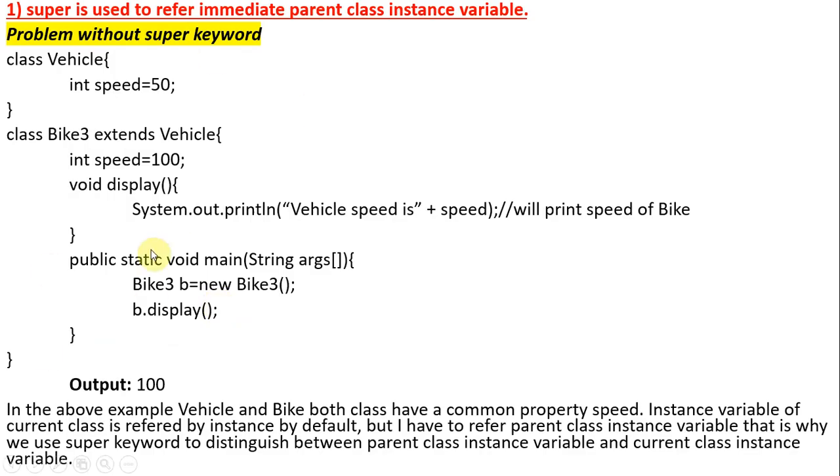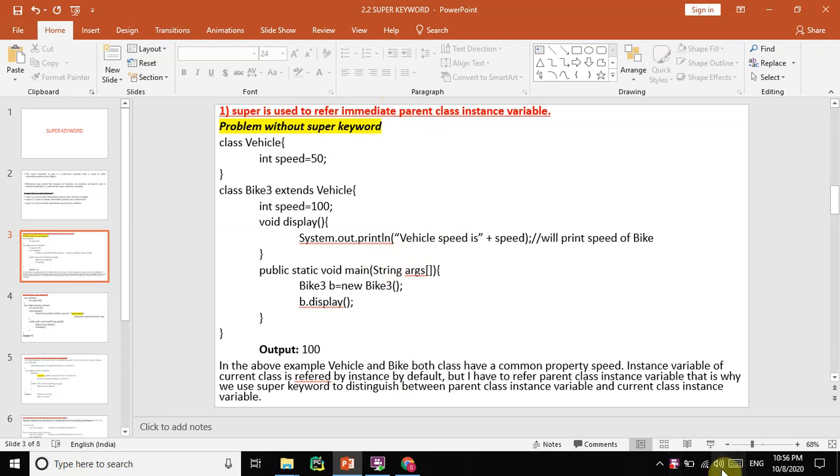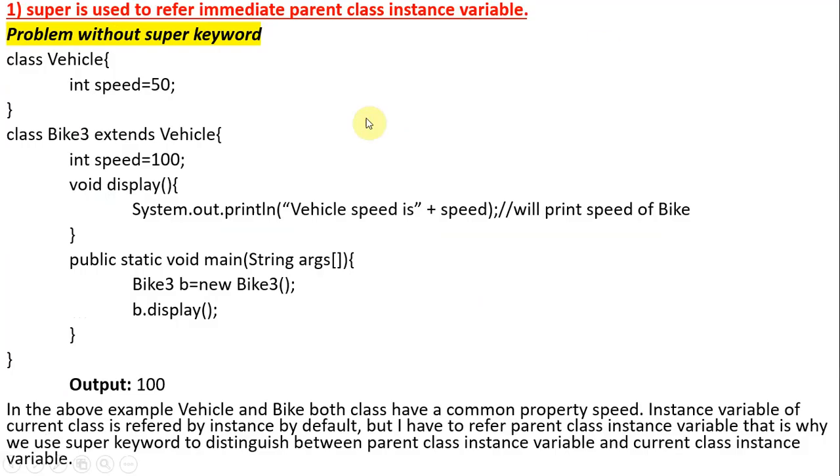So the first usage: super is used to refer to the immediate parent class instance variable. First we'll see the problem without super, then we will go with the solution using super.